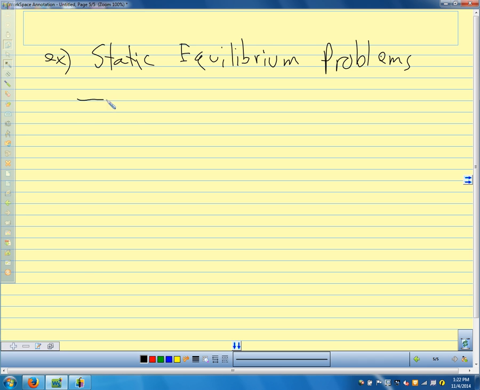So these problems are all going to have something to do with like a weight hanging from cables. And they're all going to give you either some angles or some way of finding angles.